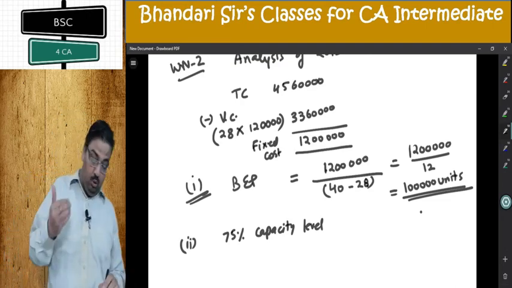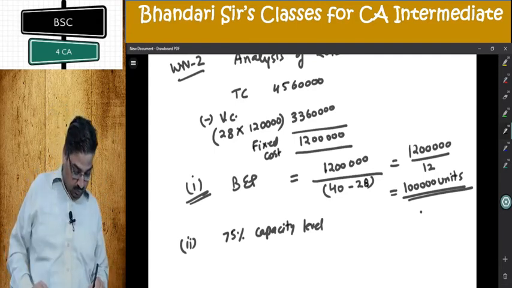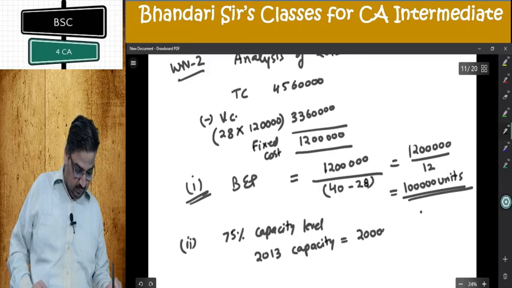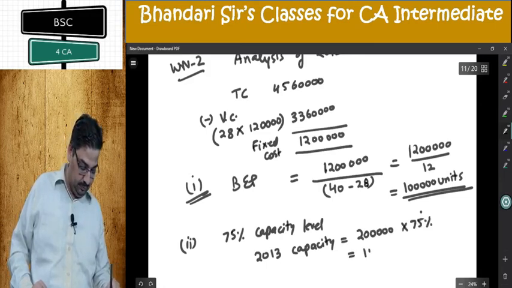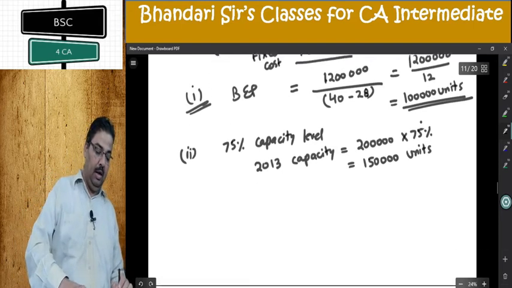So instead of 2 lakh units, they are going to work at 75% level. 2013 capacity: 2 lakh into 75%, 1,50,000 units. You are required to make income statement at this level.